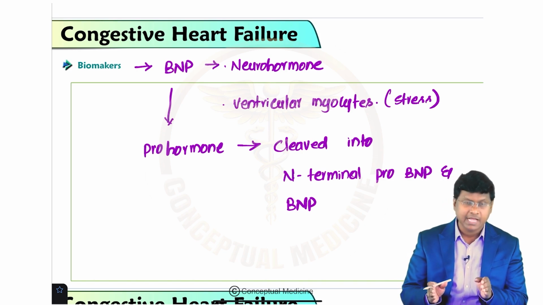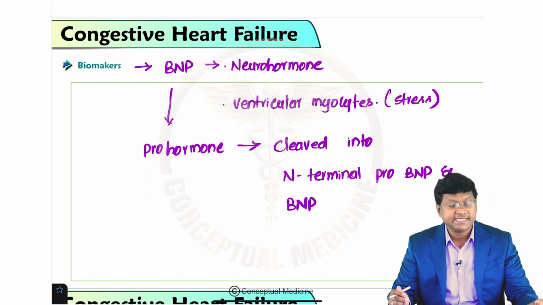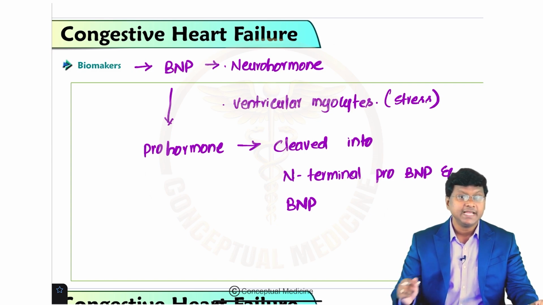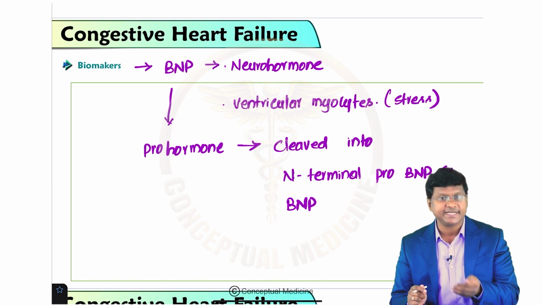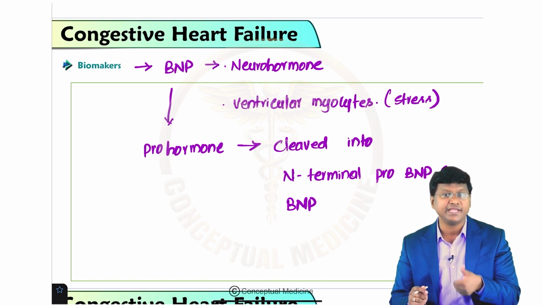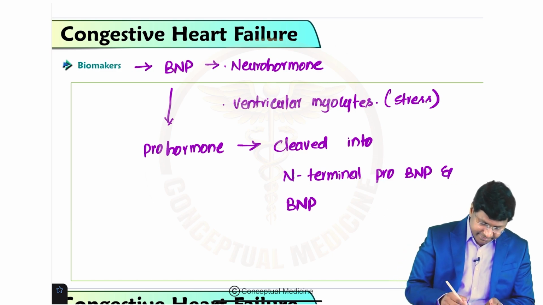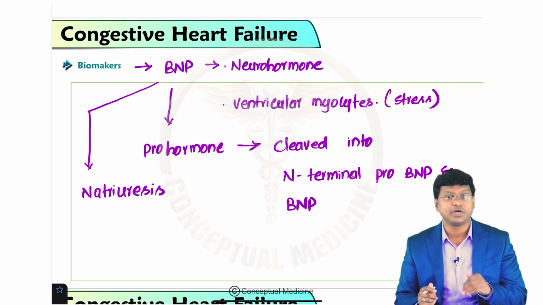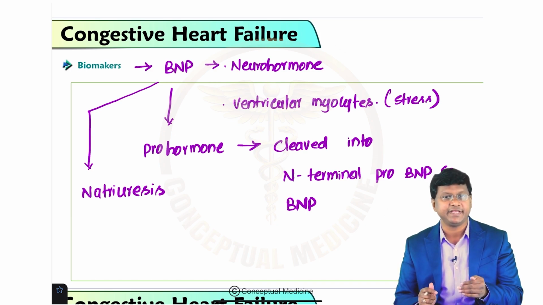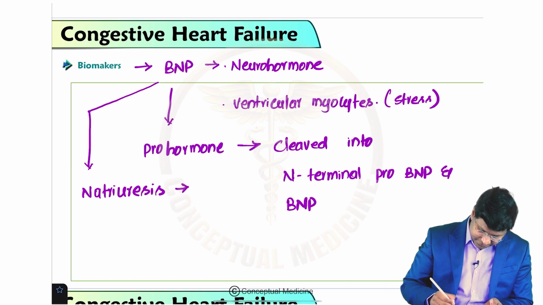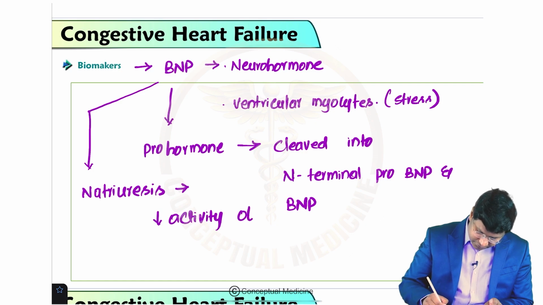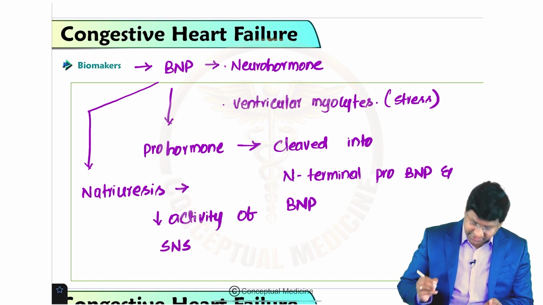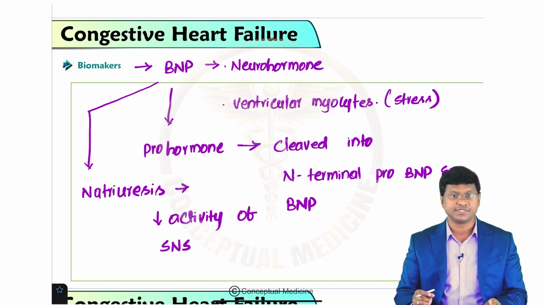So this is how brain natriuretic peptide is released from the ventricular myocytes. As the word itself tells you, it will cause natriuresis. What does this brain natriuretic peptide do? It will cause natriuresis and decreases the activity of the sympathetic nervous system.